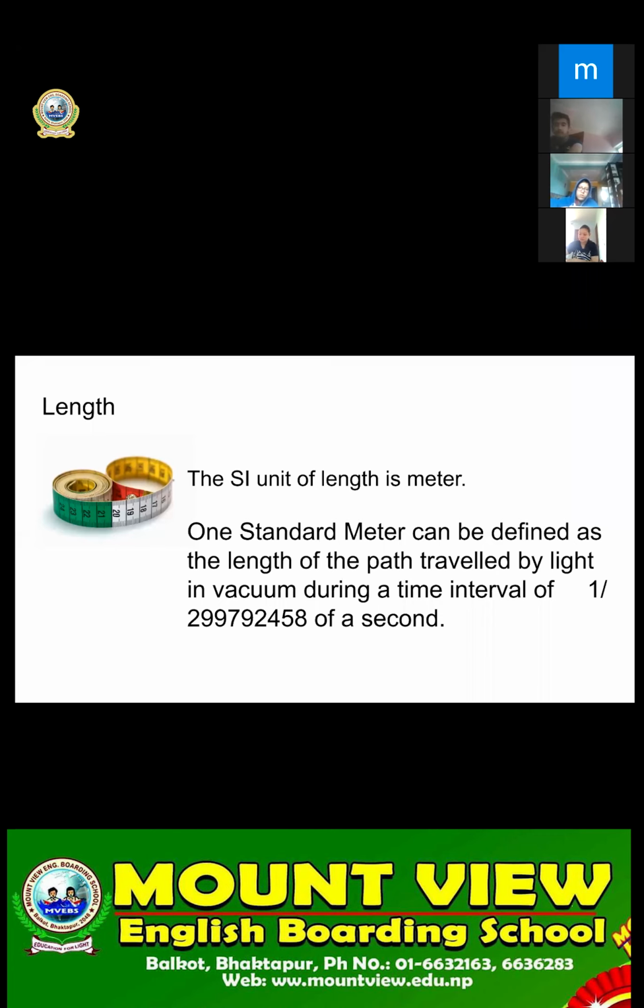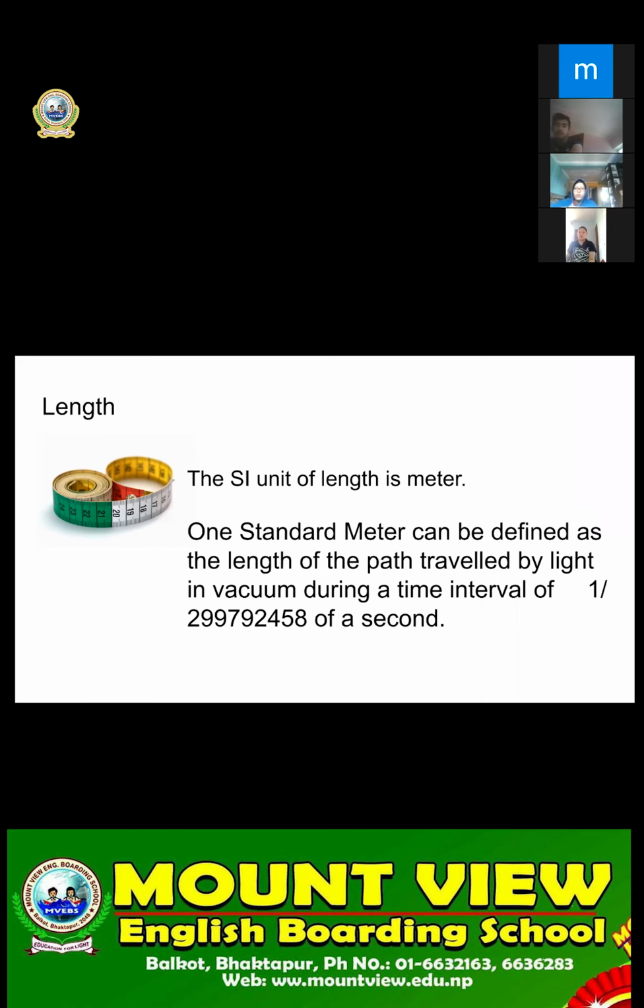Light travels so fast that in 1 second it can travel a distance of 29 crore 97 lakh 92,458 meter. We round up this value to 3 into 10 power 8 meter. Later on, I will show by writing on the whiteboard. Just now, just observe the definition of 1 meter. I hope all the students understand easily.